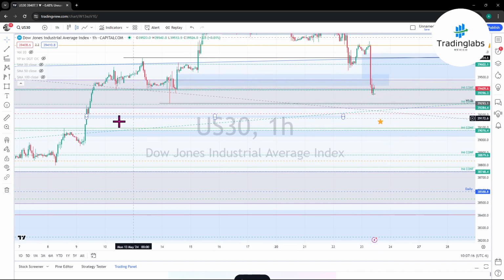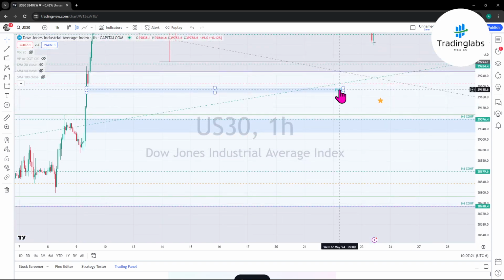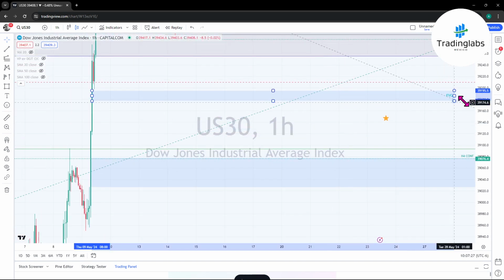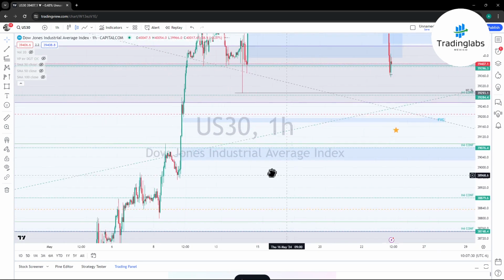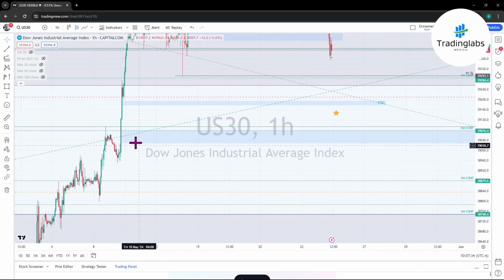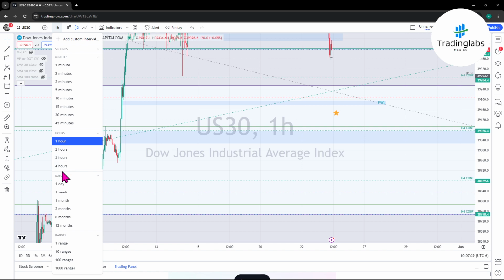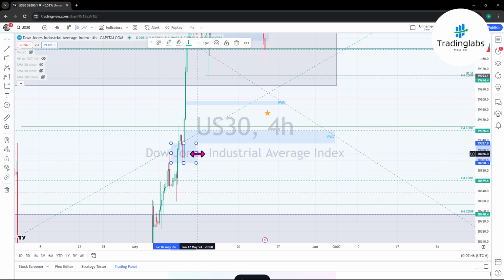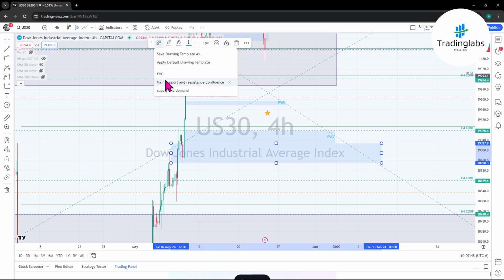Maybe the market is looking to fill these gaps over here. And what do we have right over here? We have a Fibonacci extension, we have support, we have another fair value gap, and somehow the market can react in this H4 demand.